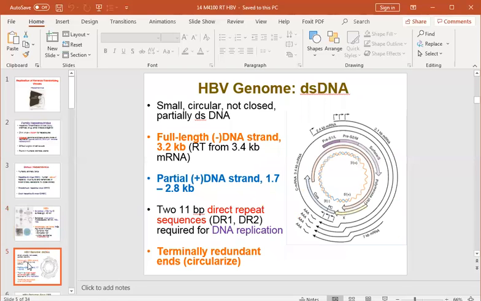Slide number 5. HBV genome. It has a double-stranded DNA genome. The genome is relatively small. It is a circular genome, but not completely closed circular, because it is partially double-stranded, one of the unusual characteristics of this virus.